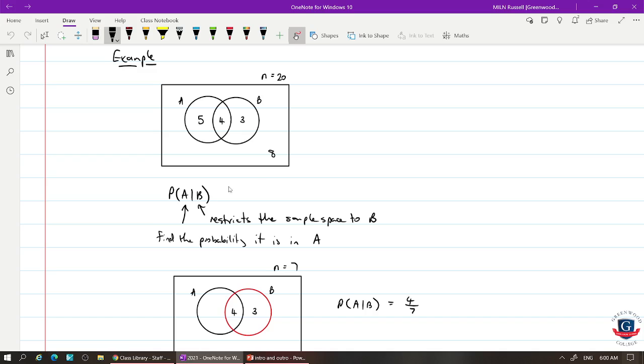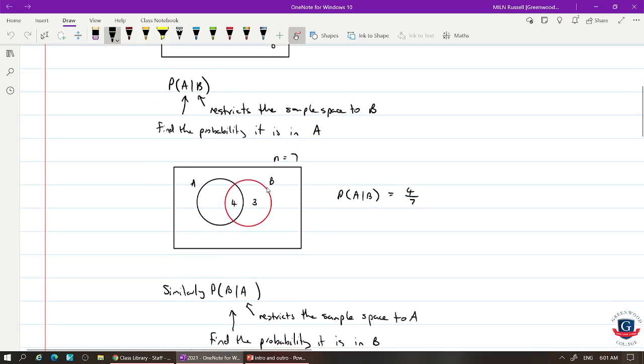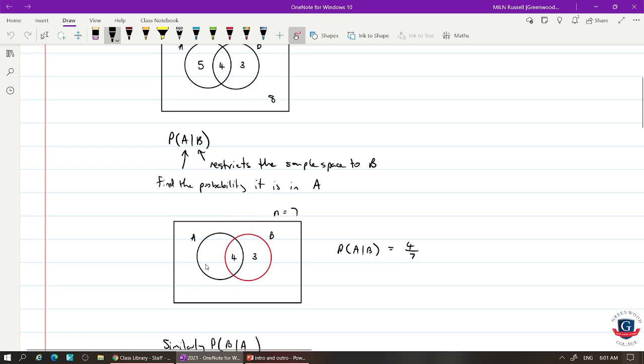So let's start with the second part. This part here is saying we're going to restrict what we look at just to B. We're going to ignore everything else. And the question is, find out what part of B is A. So that kind of looks like this next Venn diagram. We're going to ignore A only and the outside because we're only looking at B. Here's B here.